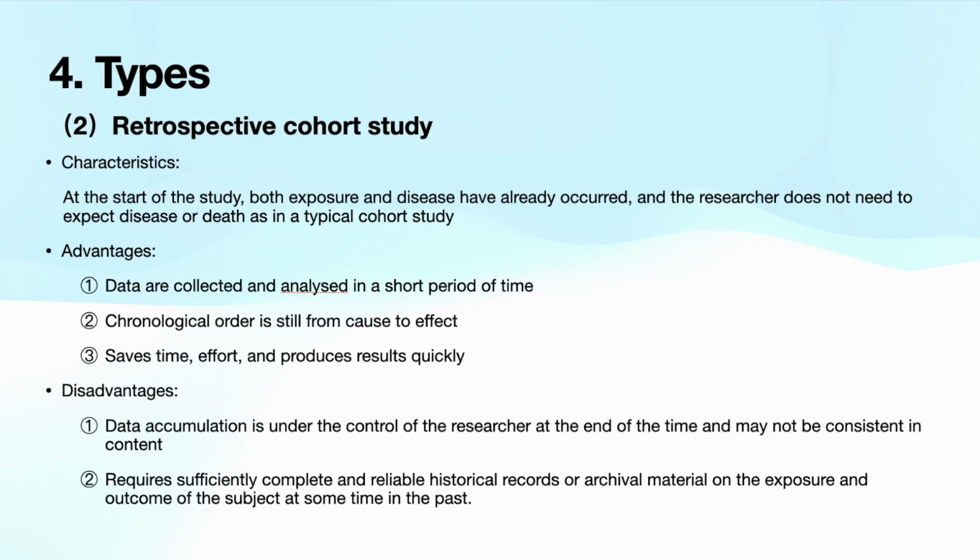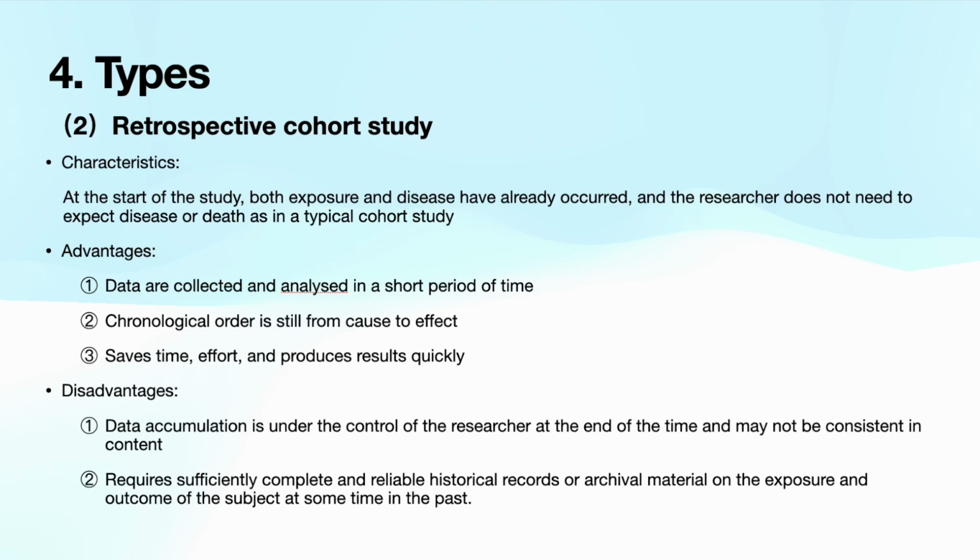The second type is retrospective cohort study. At the start of the study, both exposure and disease have already occurred, and the researcher doesn't need to wait for disease or death as in a typical cohort study. The data are collected and analyzed in a short period of time, and the chronological order is from cause to effect.